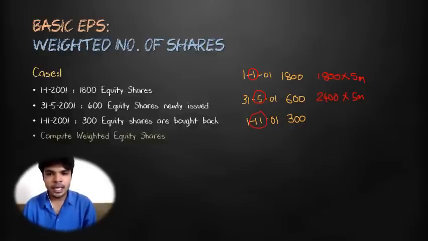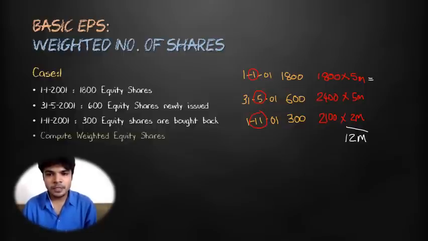And 2,100 shares, that is 2,400 minus 300 because the shares have been bought back, were outstanding for a period of only 2 months, that is the 11th month and 12th month. It's a calendar year, so it's very necessary to check whether we have a total of 12 months or not. And yes, here we have a total of 12 months, 5 plus 5 plus 2.